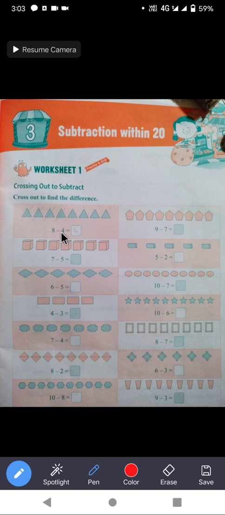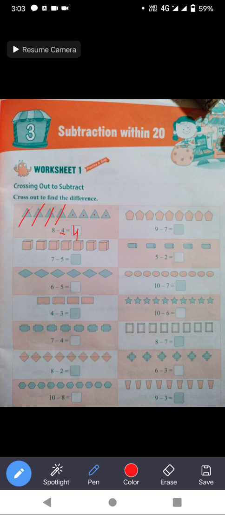Okay students, so we will cross out 4. 1 2 3 4. So after crossing out 4 triangles from 8 triangles, how many triangles are left? 1 2 3 4. So 4 triangles are left. So it means 8 minus 4 is equal to 4. Understood?